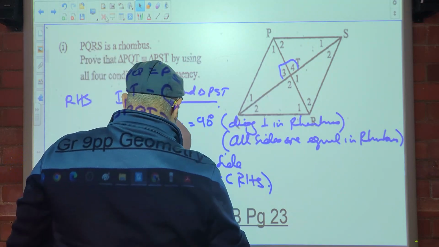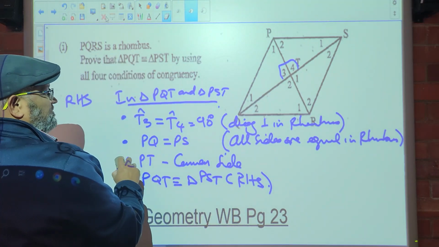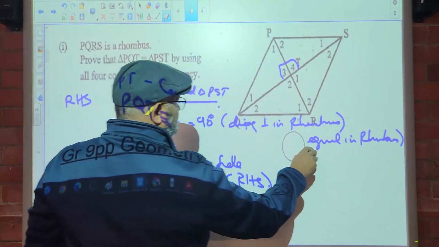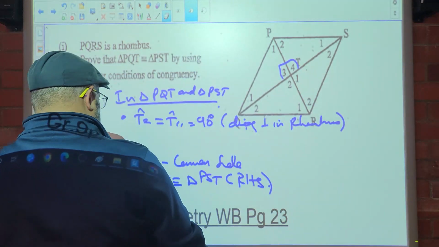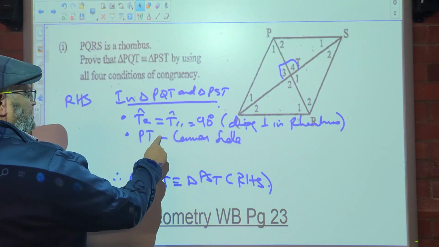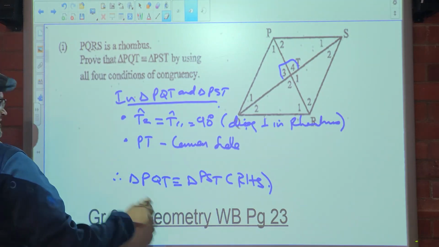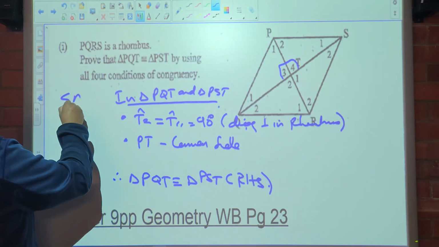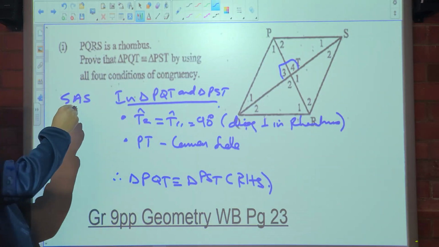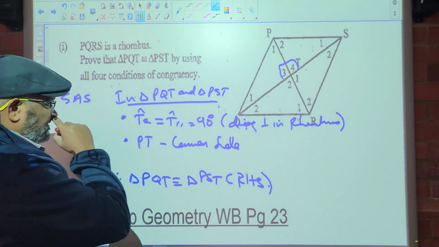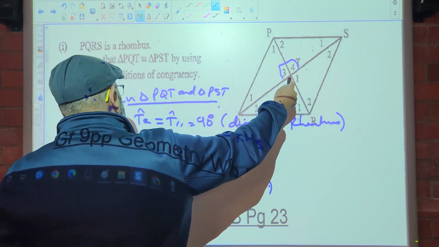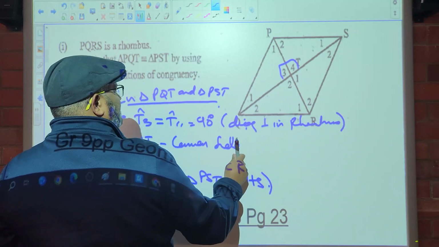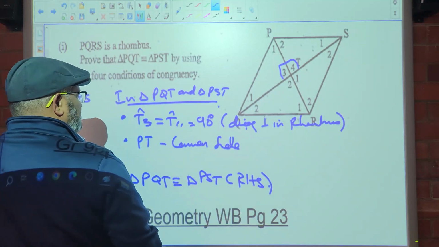But since I got that marking here already, PQ, no, that's your hypotenuse. Side angle side. Remember, when you use side angle side, this must be the included angle. Okay. So we say that T3 is equal to T4. It's equal to 90. Why? Diagonals perpendicular in the rhombus.